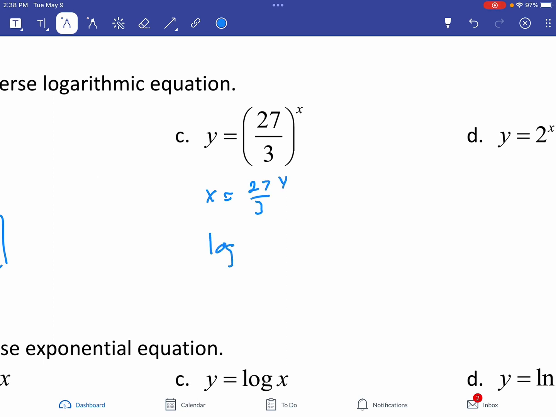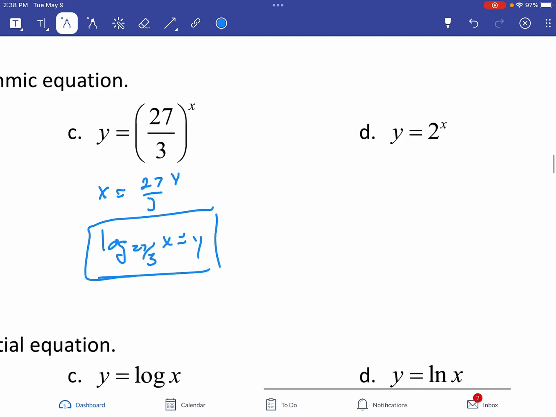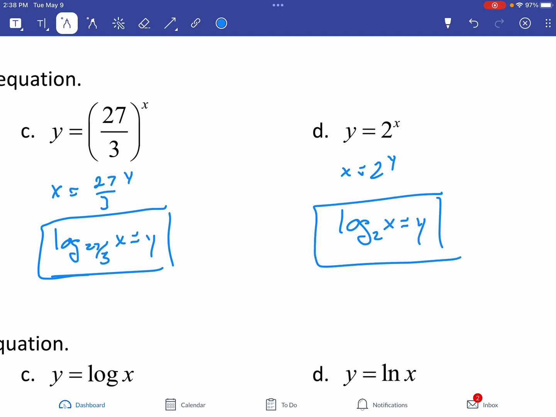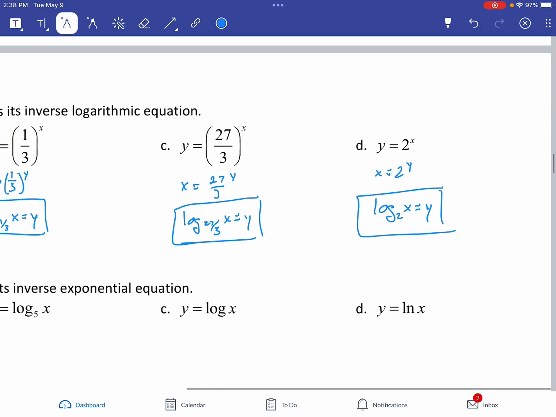So log base 27 over 3 of x equals y. And lastly, switch the x and the y. Log base 2 of x equals y. Very simple, straightforward. Same pattern for each one.